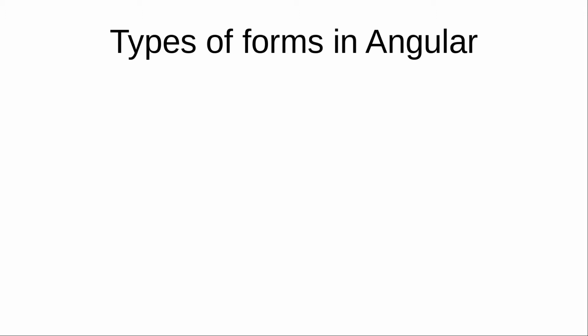So in Angular we have two types of forms. One is a template driven form. A template driven form is a form that has little to do with the controller of our app, and most of the directives are in the template. In HTML you can add ngForm and add validation, and it's mostly done in our HTML template.